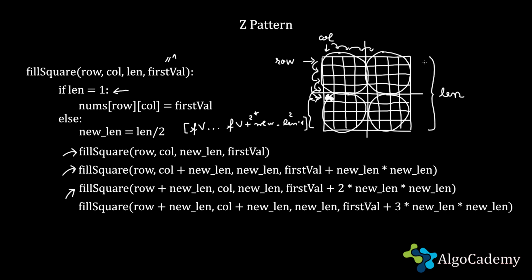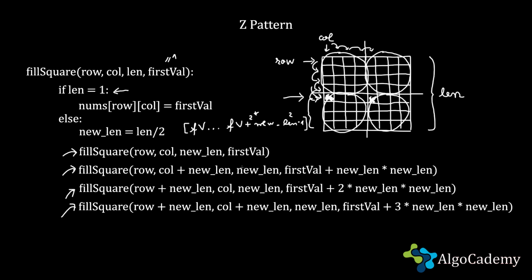Cool. And for the last quadrant, the fourth one, we have to see which is the upper left corner. Which one? It's this one, right? This is the upper left corner of the fourth quadrant. Now, what is the row? The row, as you can see, is this one. It is the same row as that for the third quadrant, right?